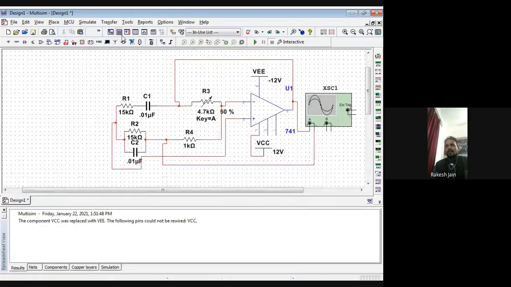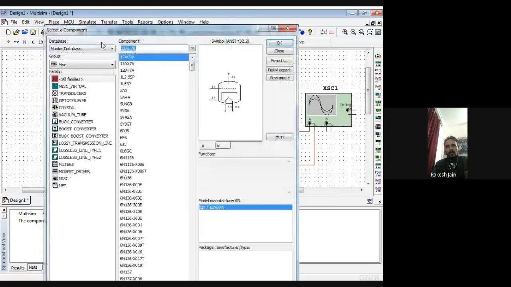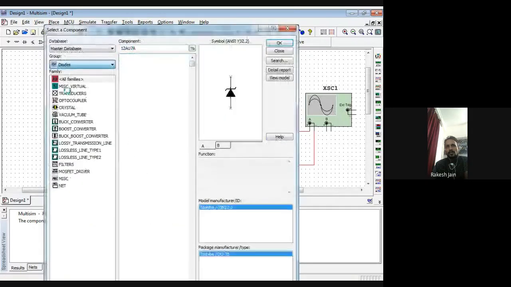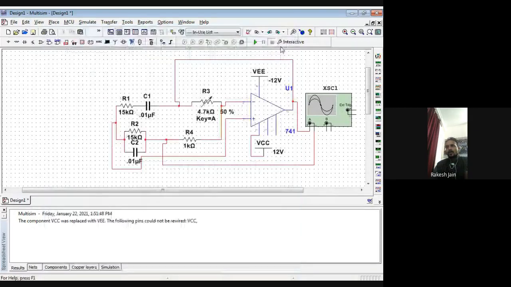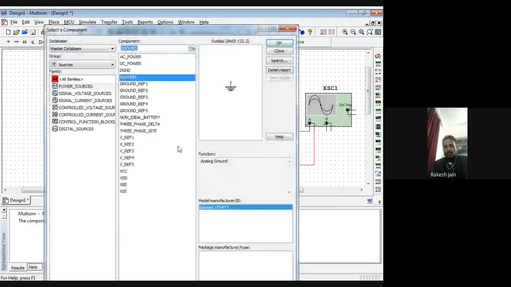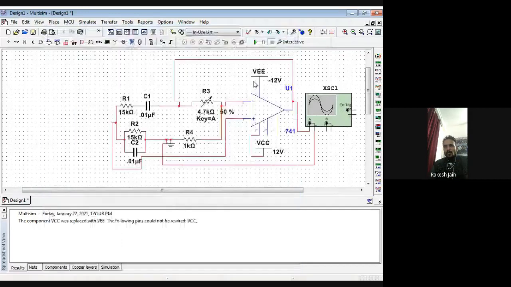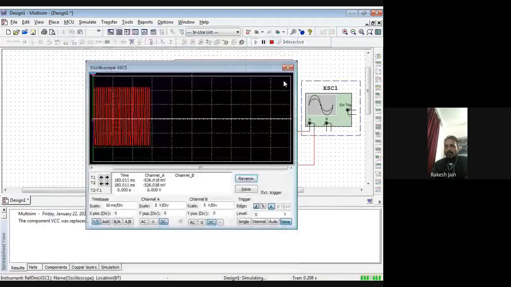So just connect a ground over there. Go to MISC, then base sources, then ground. This pin is actually ground. So this is the complete analysis of this operational amplifier, and now we are going to check the result.